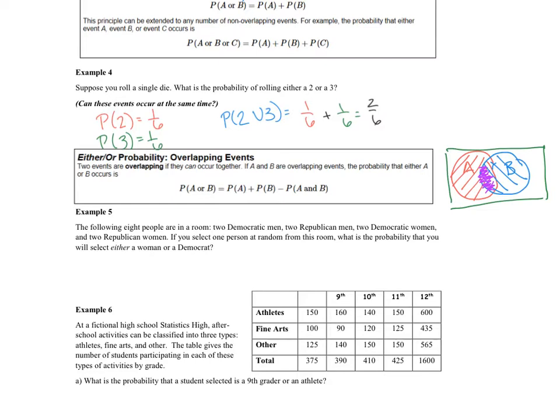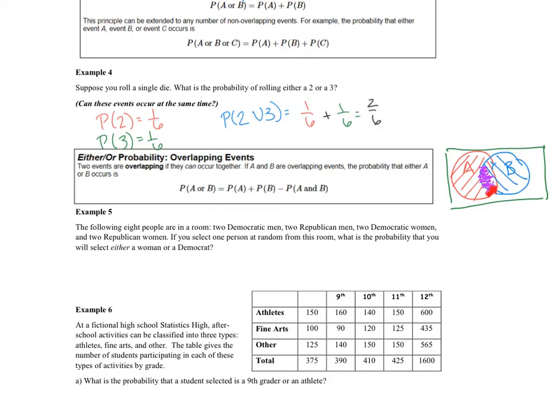What that looks like is you're going to add the probability of A, so everybody in A, then everybody in B. But the problem with that is that you've added this intersection twice. You've added them when you counted them as being females. You've also added them when you counted them as being smokers. So you've added the female smokers twice. Remember, this is an and statement in the middle because you have to be a female and a smoker.